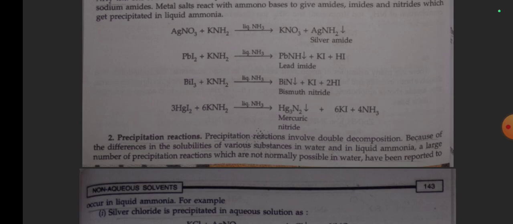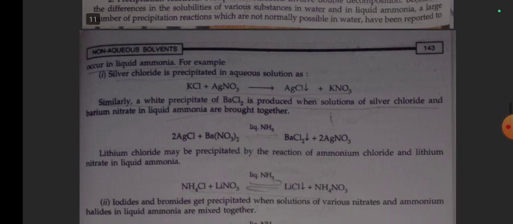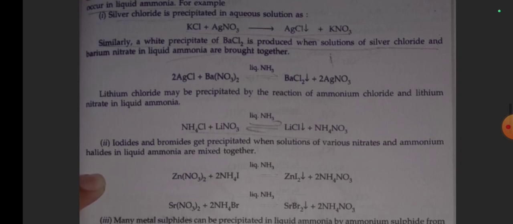The precipitation reactions. Precipitation reactions involve double decomposition. Because of the difference in the solubilities of various substances in water and in liquid ammonia, a large number of precipitation reactions which are not normally possible in water have been reported to occur in liquid ammonia. For example, silver chloride is precipitated in aqueous solution as KCl plus AgNO3 gives AgCl plus KNO3.